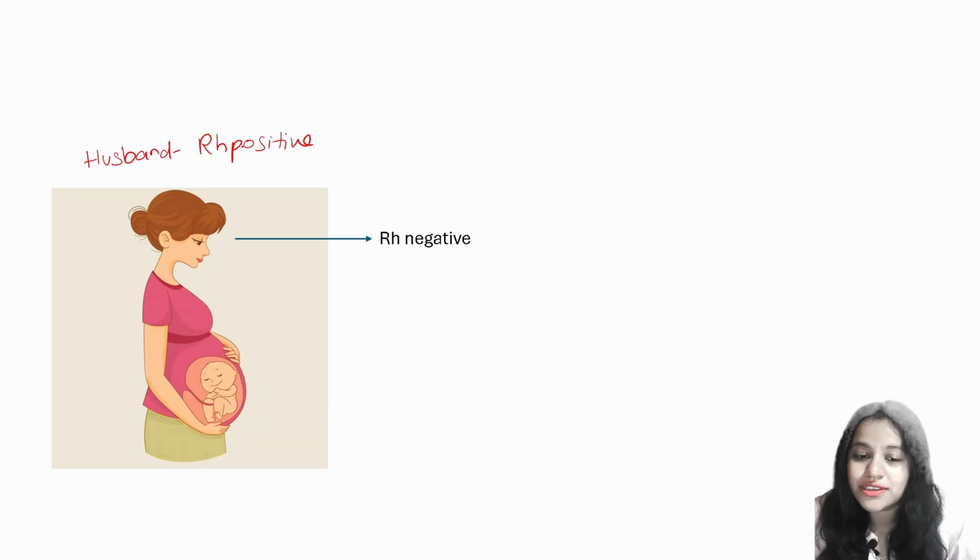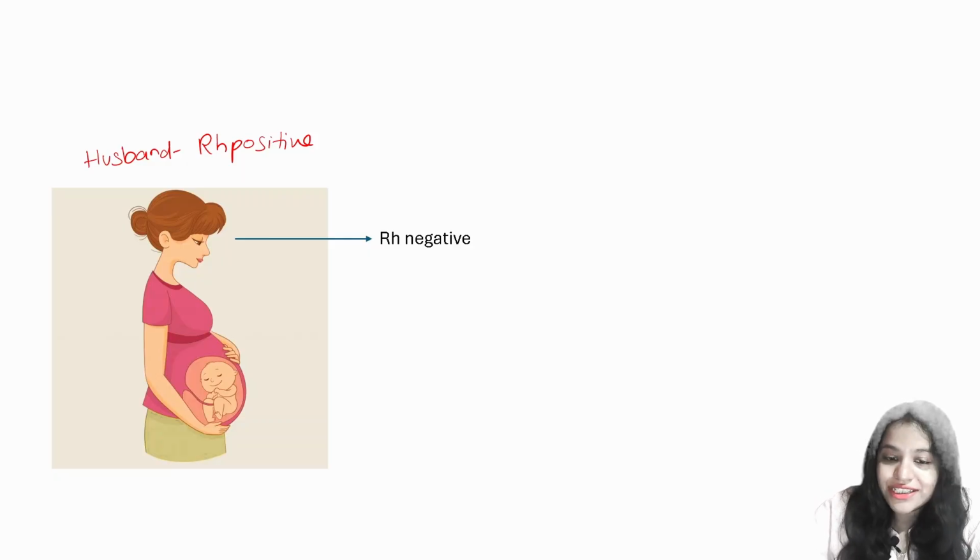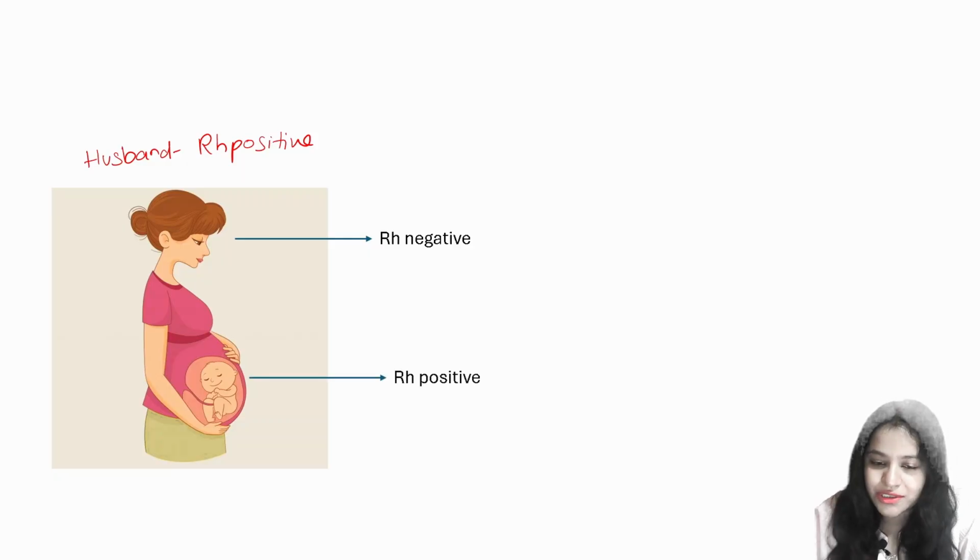Now if the child was RH negative, like the mother, we wouldn't be having this discussion in class. But this child is RH positive. That means this fetus blood will have RH positive RBC, that is RH factor. This RH negative mother's blood will have absence of this RH factor.